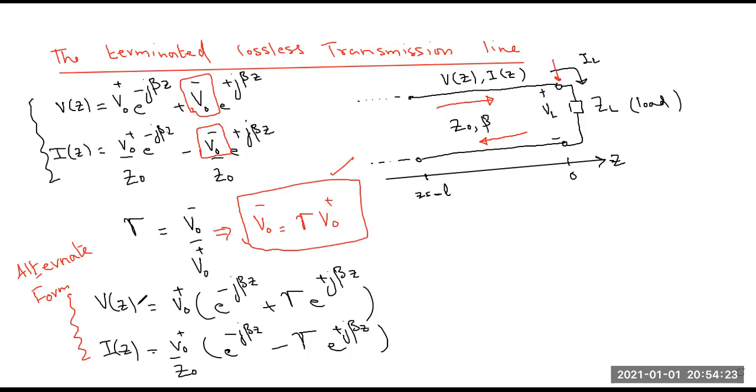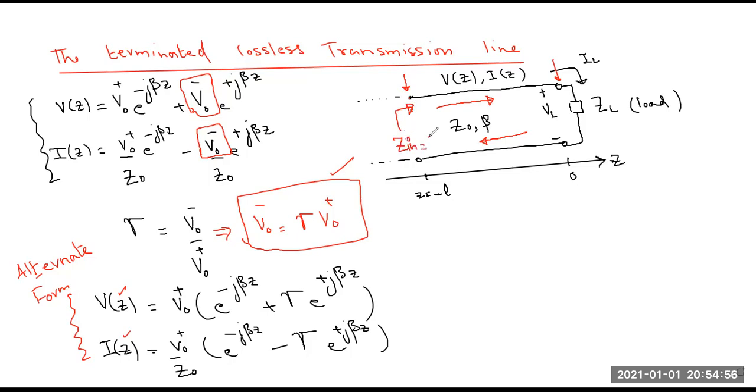Now once we know the current and voltage mathematical form as a function of z, we can use them at any position. So let's assume that I want to find out how much is the impedance at this point. Because with respect to this figure, it is the input of our circuit, I will call whatever is the impedance at this point Zin.